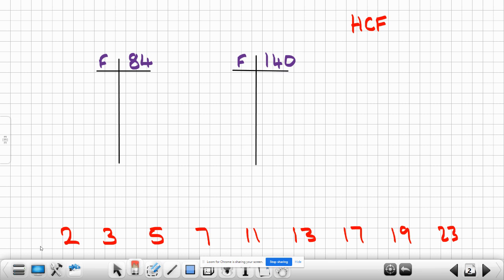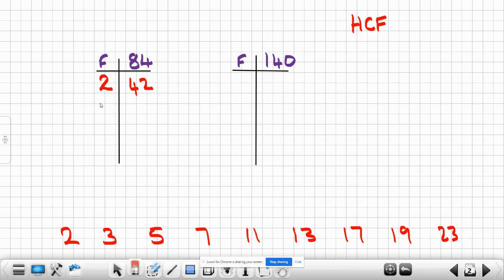Okay, so I've written out the first few prime numbers below, and I'm going to start with 84, and I'm looking to find 84 as a product of its prime factors. It's even, so I'm going to take out 2. I divide by 2 and I'm left with 42.